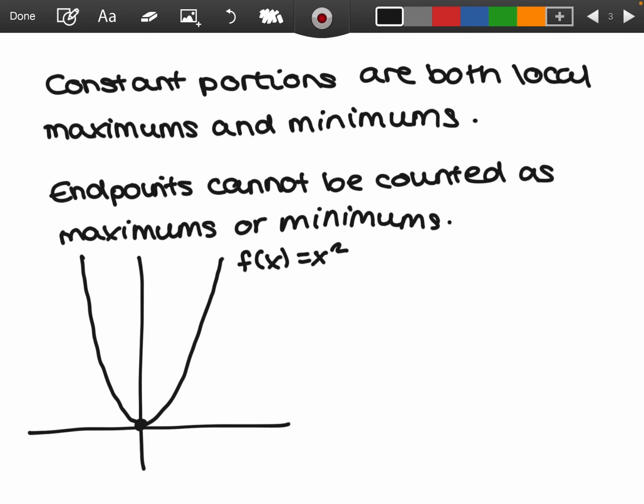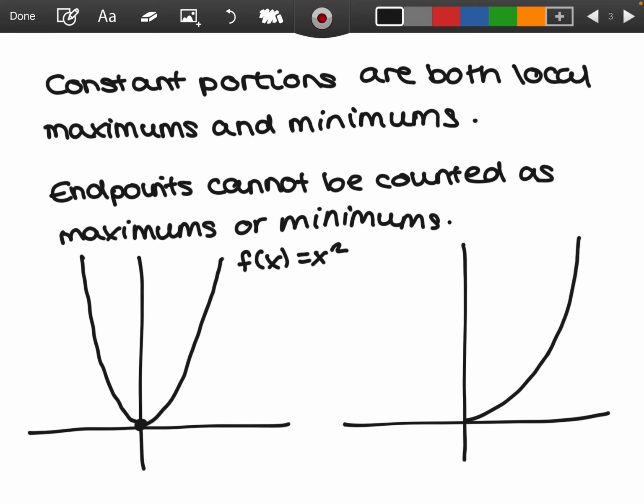If instead of the graph f of x is equal to x squared, I now had a restricted domain, so I'm just looking at f of x is equal to x squared, but I'm restricting the domain so that x is greater than or equal to 0. In this case, for this particular function, I don't have any local maximums or minimums. Okay.